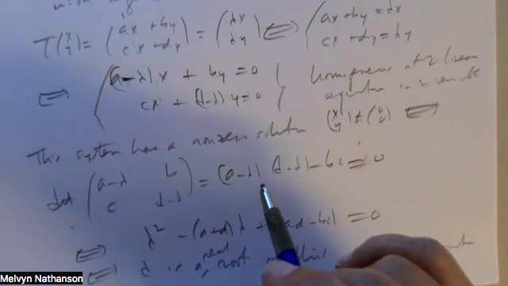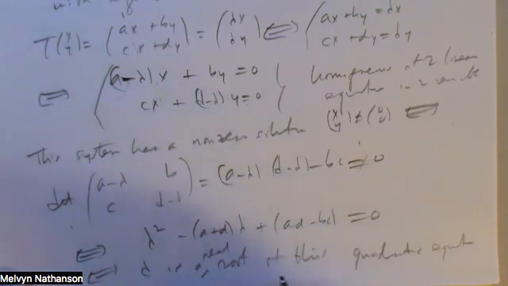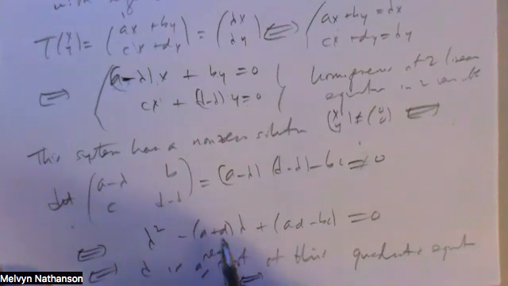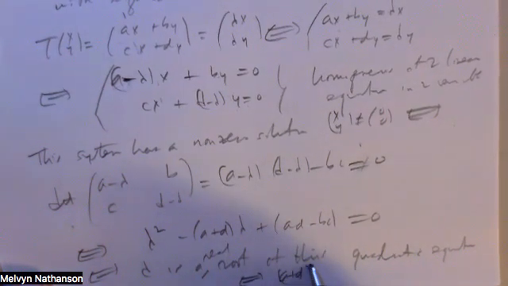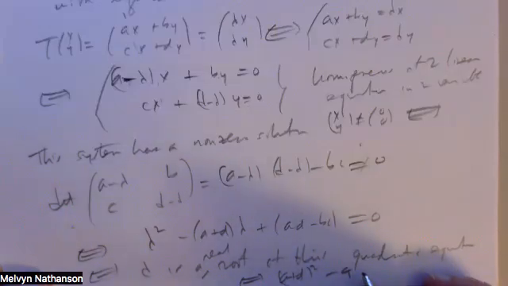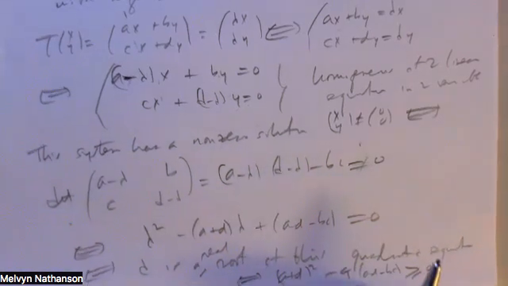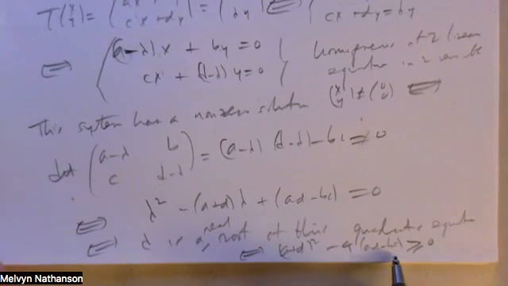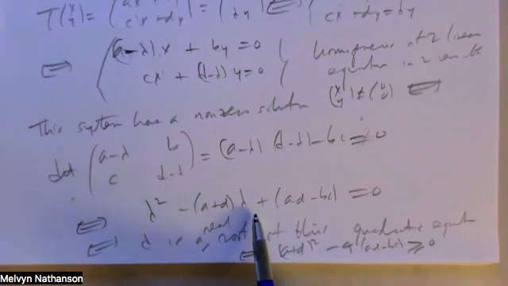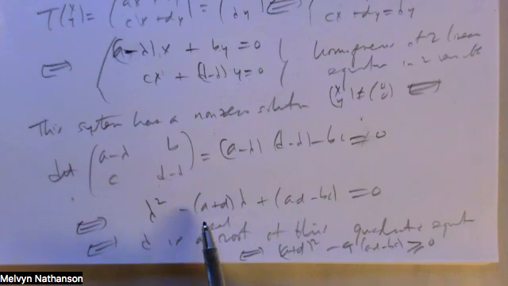Which is the case so long as the discriminant isn't negative, so if and only if (a plus d) squared minus 4(ad minus bc) is greater than or equal to 0. This is just your high school algebra formula for how to solve a quadratic equation. And if this quadratic equation does have a real root or two real roots even, those are the eigenvalues.